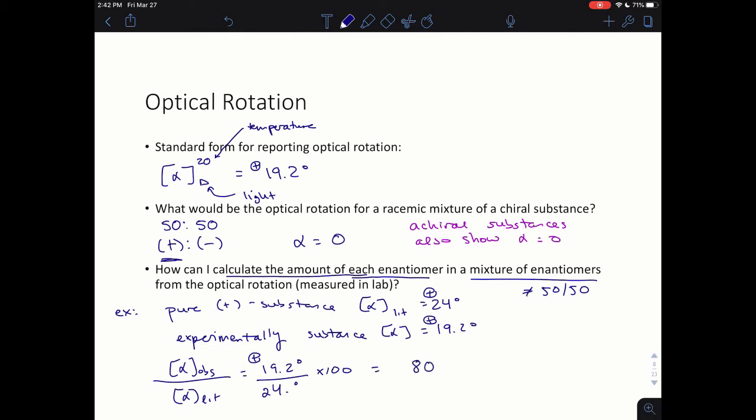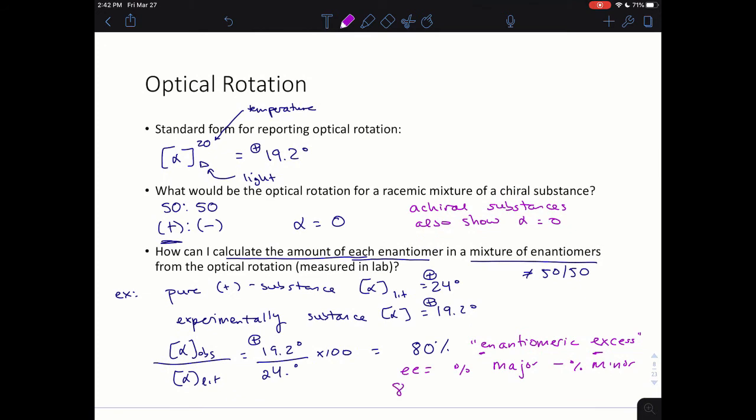And this gives you 80%. 80% is referred to as the enantiomeric excess, or for short, it's called EE. And this means, EE, or enantiomeric excess, is the percentage of the major enantiomer minus the percentage of the minor enantiomer. So for this example, 80% is equal to 90 minus 10.